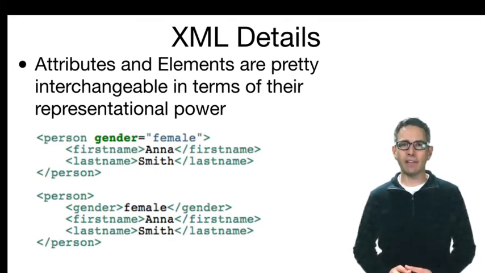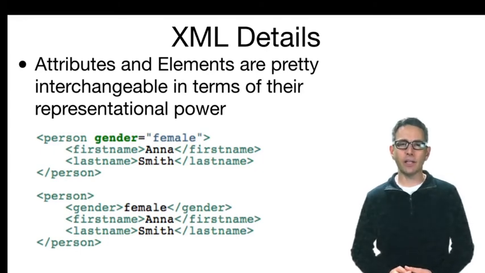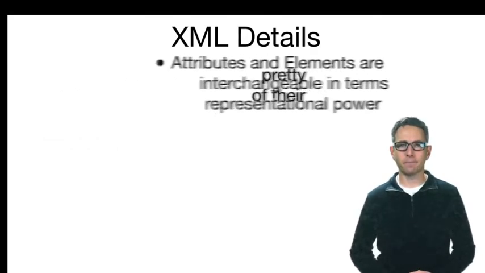That new child would have the tag name gender, and you would include the data female in between that tag. So the first example and the second example are very nearly interchangeable in terms of their representational power, but just different ways of structuring your data.